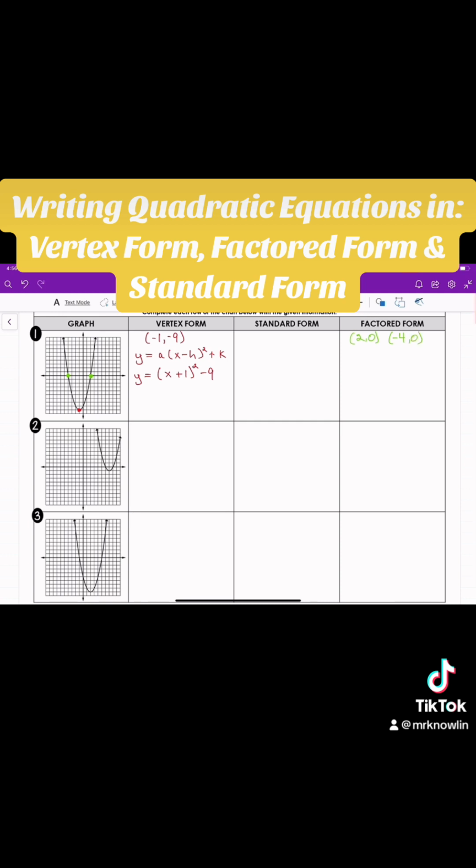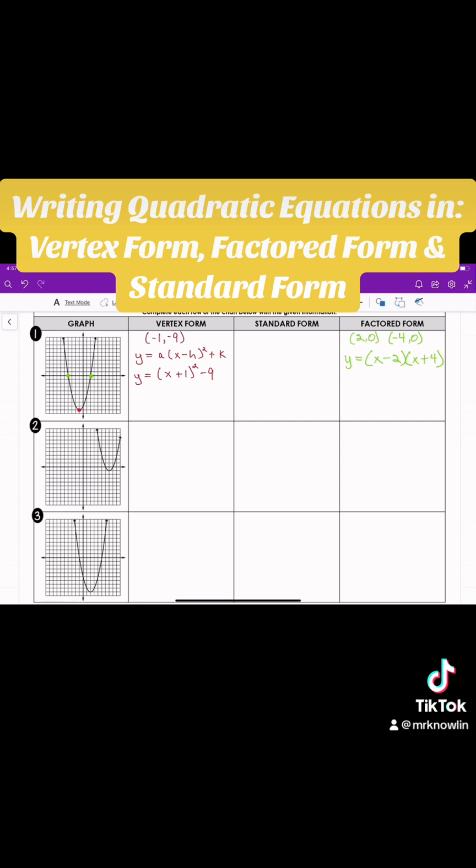If we write it in our factored form, it would be y equals (x minus 2)(x plus 4). Because remember, if we had x minus 2 equals 0, x would be equal to +2. And if we had x plus 4 equals 0, x would be equal to -4.